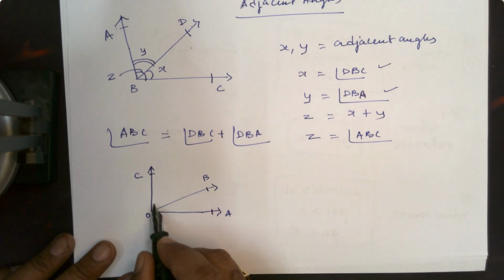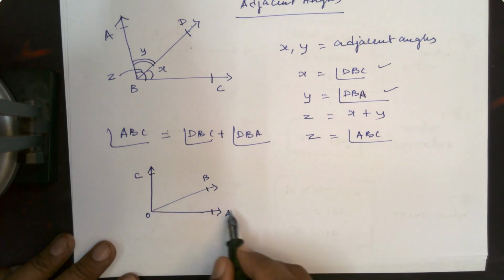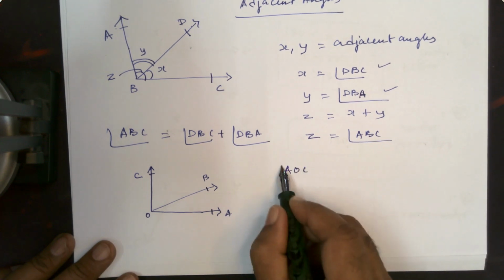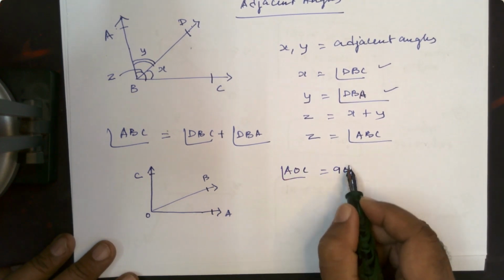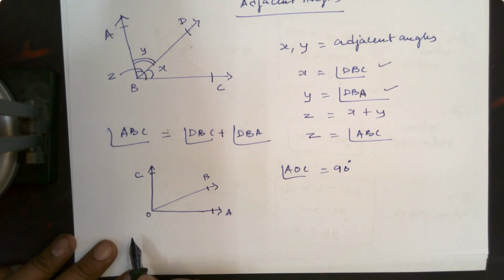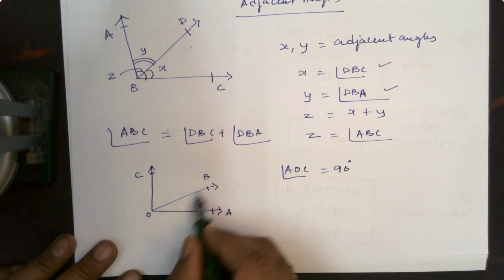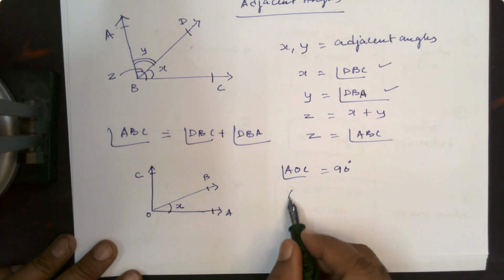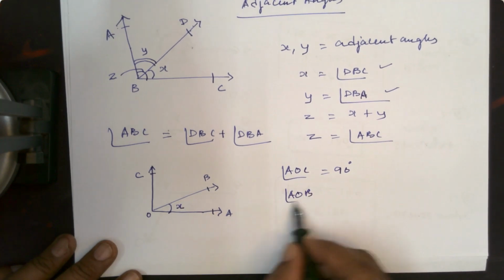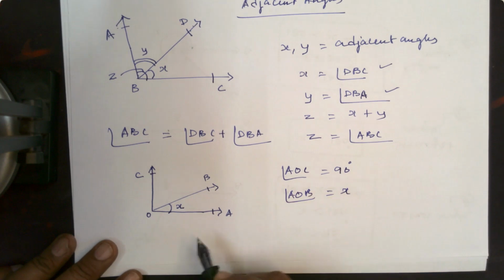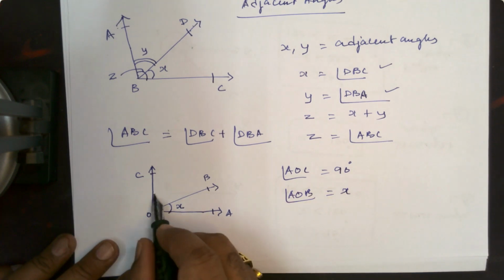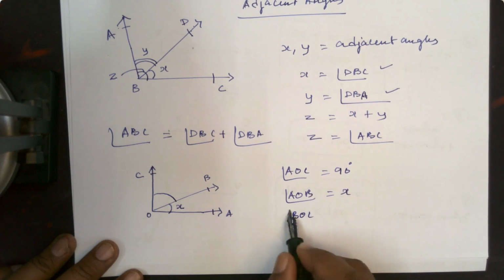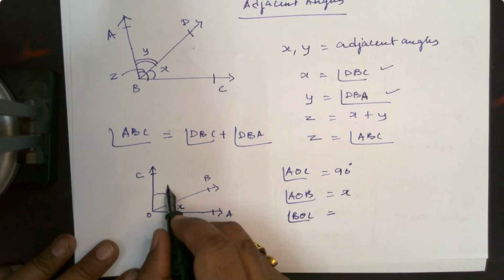Now, what is AOC? That is 90 degree, is it not? And what about AOB? Let us call it X. So AOB is X degree, and BOC is Y degree.